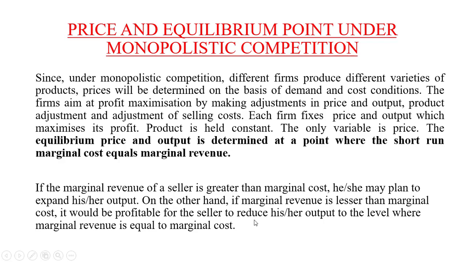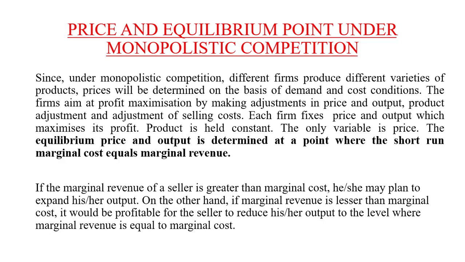They have to reduce the supply and production of the goods so that it becomes equal, so that at least you can earn a profit. If the marginal revenue is less than the marginal cost, then you will not have any profits, right? So the marginal revenue has to be equal to marginal cost, so that at least you can earn a normal profit.